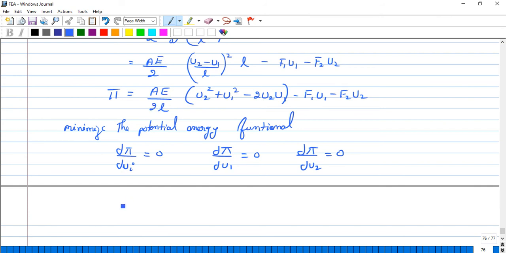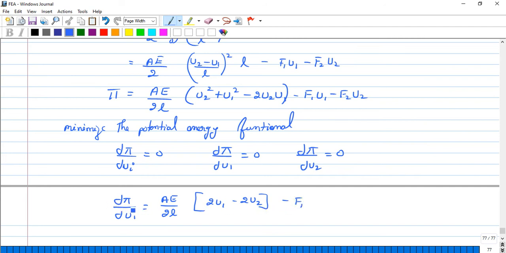So when I do that with respect to u1, I obtain AE by 2L as it is. u2 square will be 0, whereas u1 square will be 2u1 minus 2u2, and I am doing with respect to u1, I obtain this as f1.